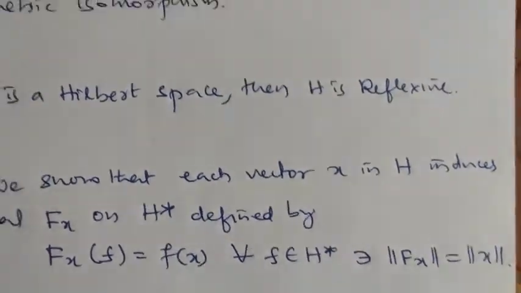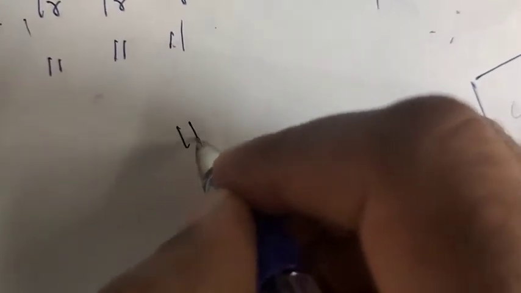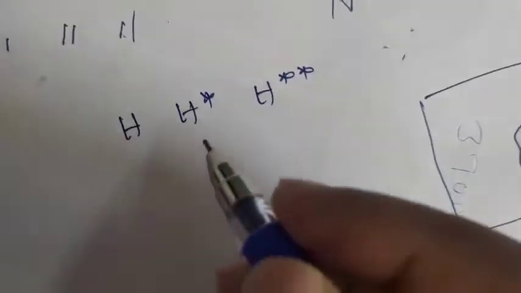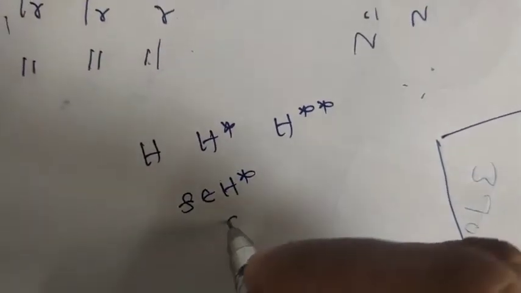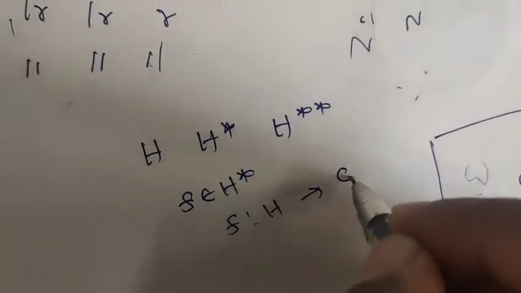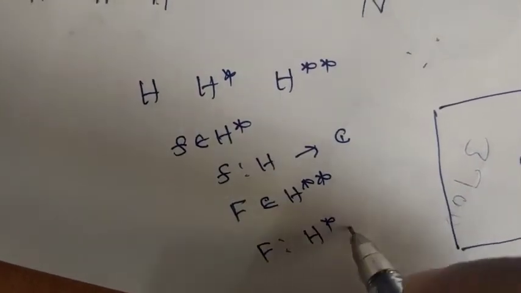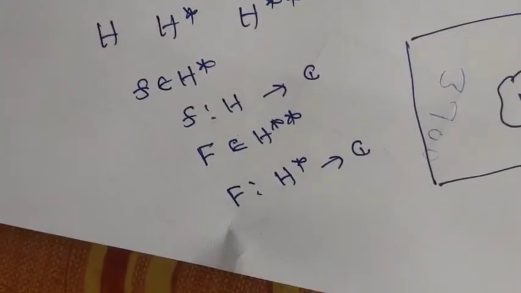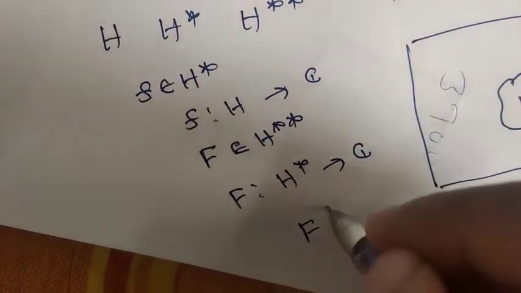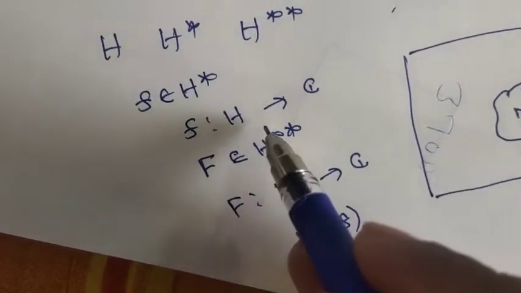Here observe, we have H star and H double star. So f belongs to H star means f is a function from H to C. And capital F is an element of H double star means capital F is a function from H star to C. So capital F acts on the elements f of H star.